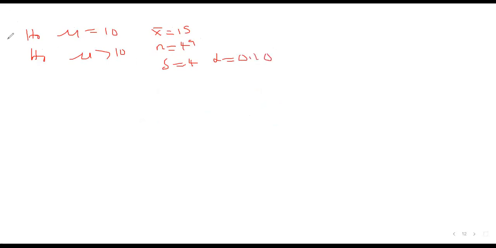So tell me, what is our tails? Is it a single tail or a double tail? Single tail. What is our level of significance? 90, 10%. And what is our Z?